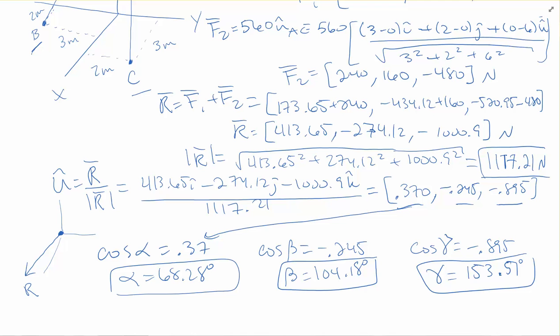This is x, this is y, this is z, so then you can draw these angles. Right here would be our alpha, and right here would be our beta. Notice it's greater than 90. And then our gamma would be right here. So that's how we use the cosine direction angles and how we find them using the unit vector.